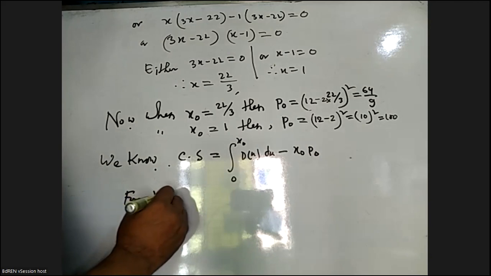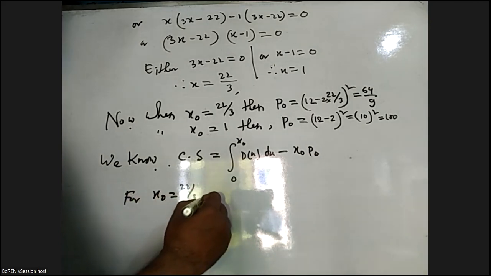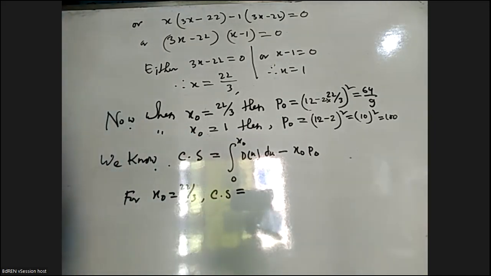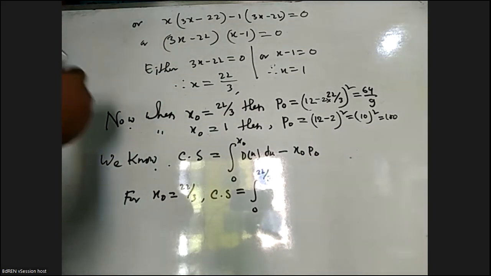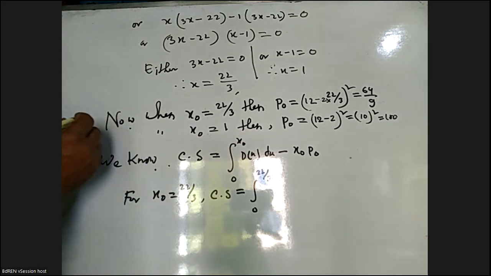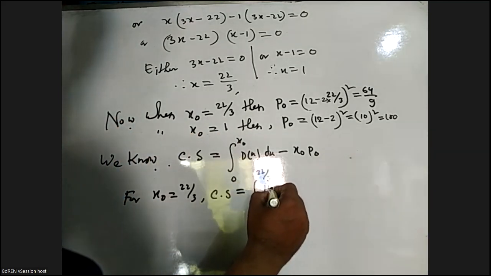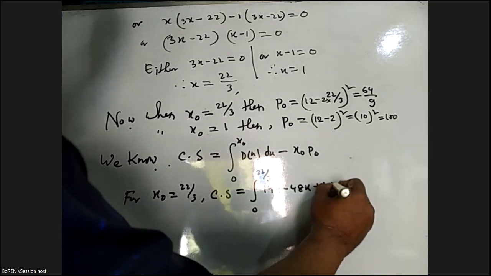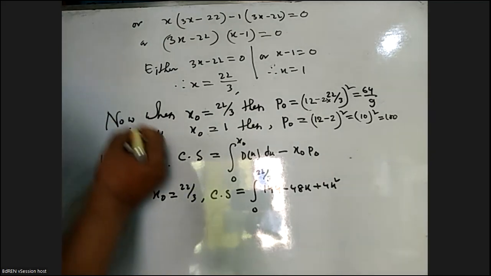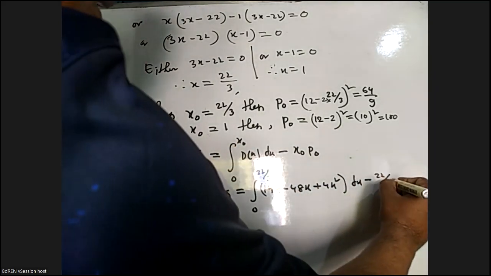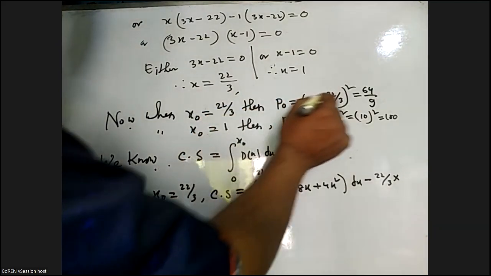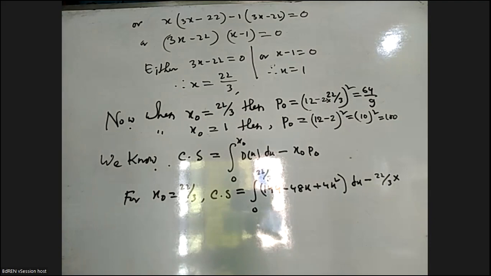So for x naught equals to 22 by 3, consumer surplus will be the integral from 0 to 22 by 3 of the demand function, 144 minus 48x plus 4x square dx, minus x naught, 22 by 3, times the price at x naught, 64 by 9.